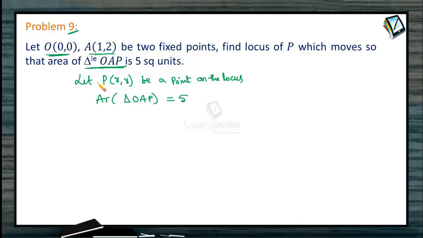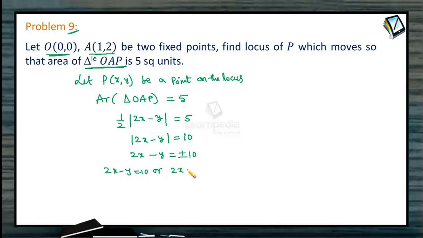Now the area of the triangle OAP is half. By the well-known formula, (2x minus y) by 2 is equal to 5, or modulus of 2x minus y is equal to 10, or 2x minus y is equal to plus or minus 10. We can have a combined equation here, that is the set of points satisfying 2x minus y is equal to 10, or the set of all points which satisfy the relation 2x minus y is equal to minus 10.